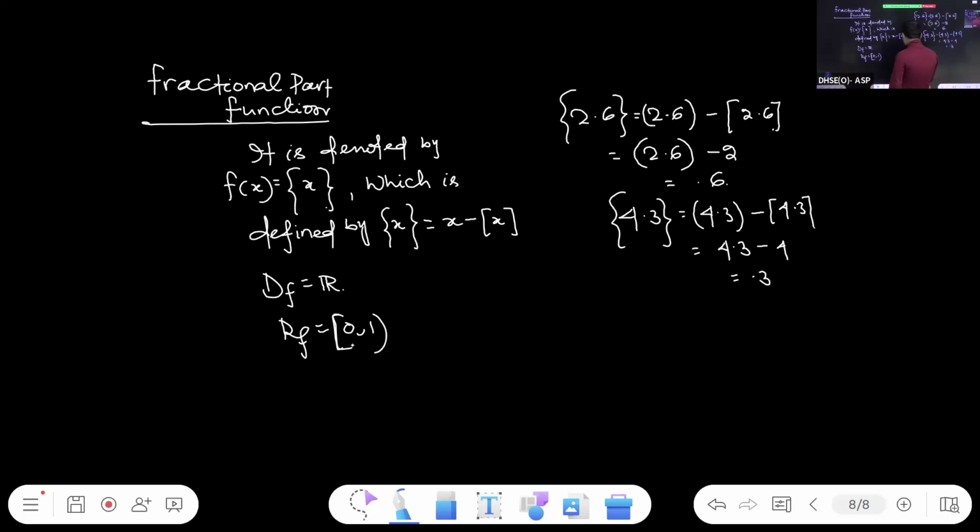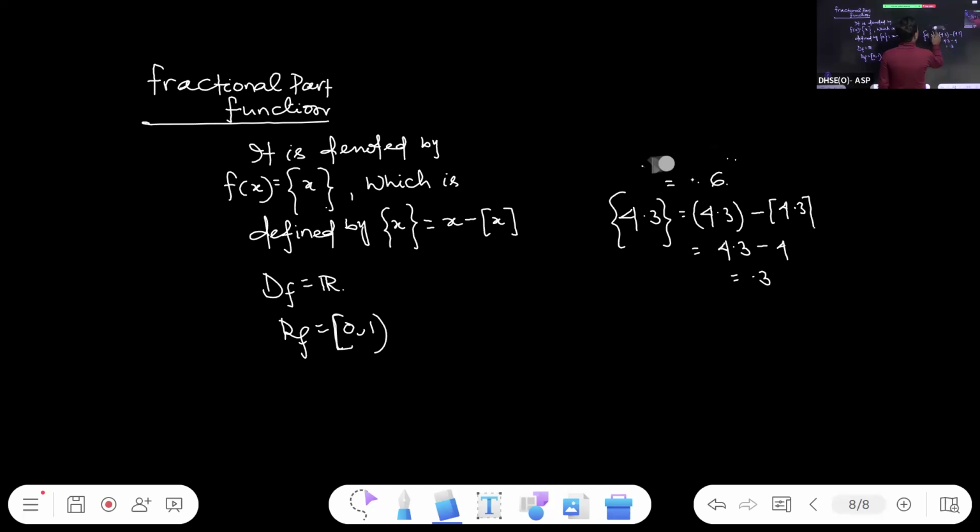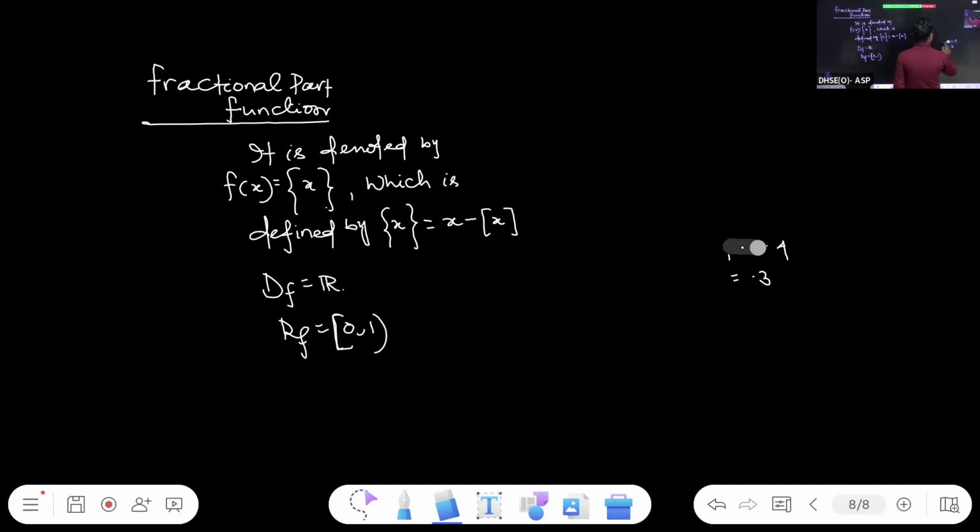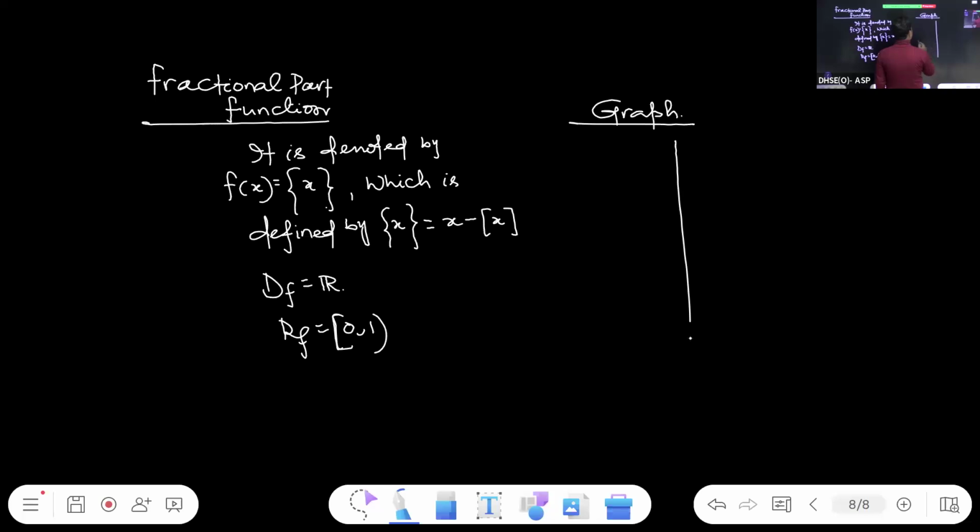Then come to graph. Graph of fractional part function. Zero, 1, 2, 3, minus 1, minus 2, this is 1.